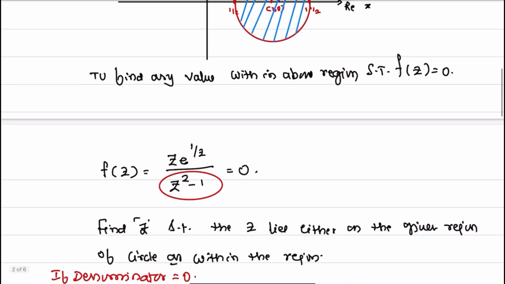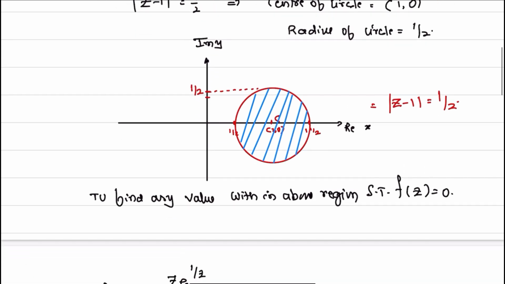Now you just see the diagram. Within the region, for Z is equal to 0, by visualization also you can understand.